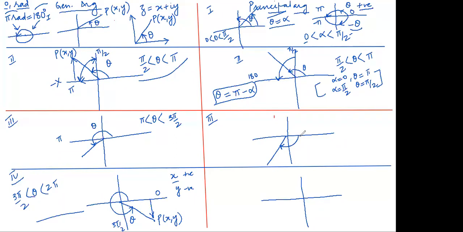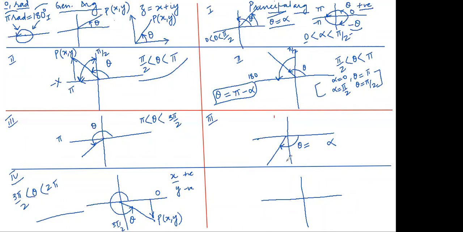Thank you for correcting me. I'm going clockwise, and this is my theta. How will I define theta in terms of alpha so that theta lies between pi and 3 pi by 2?